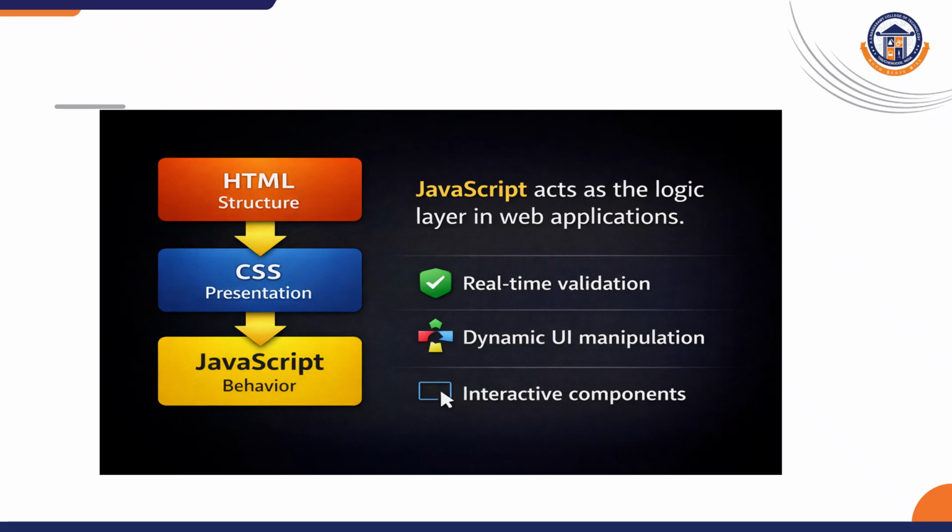It controls colors, fonts, layout, spacing and responsive design. And JavaScript is used to add logic and interactivity. It handles buttons, form validations, dynamic UI changes, and real-time updates. For example, making the web page interactive.